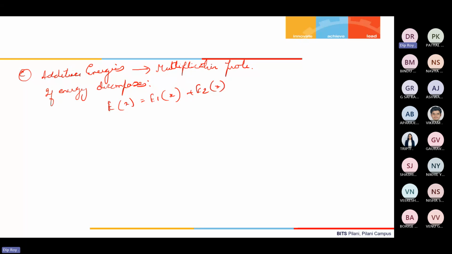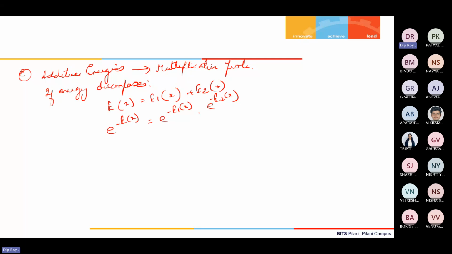And if we take this functional form, we can write it like this. Now you see what has happened: additive energies give multiplicative probability.